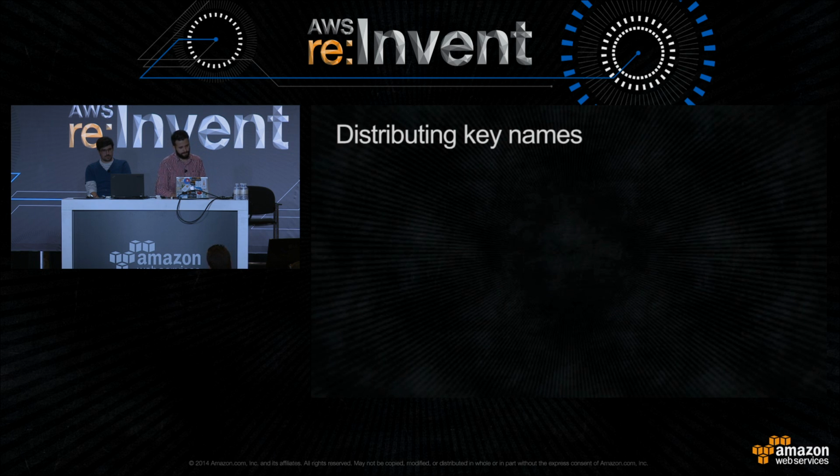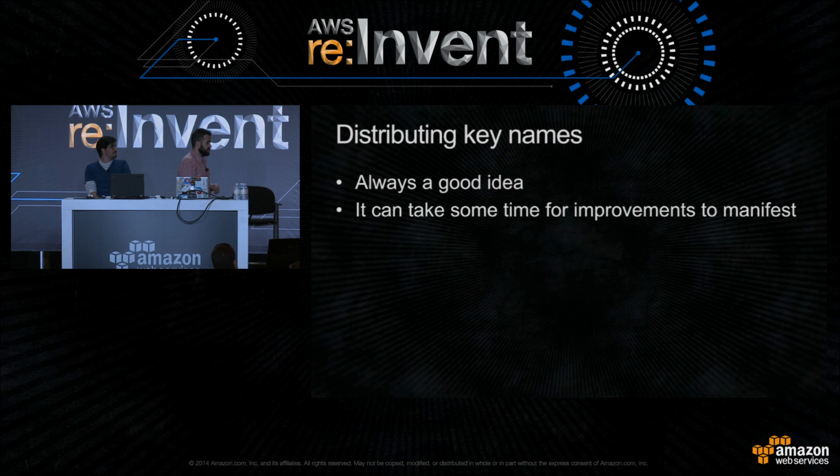So, like I told you, distributing key names, even when you think you don't need it, is always a good idea, okay? Even when you're using the best practices, it can take some time for S3 to reflect the changes that you made to your bucket, okay?